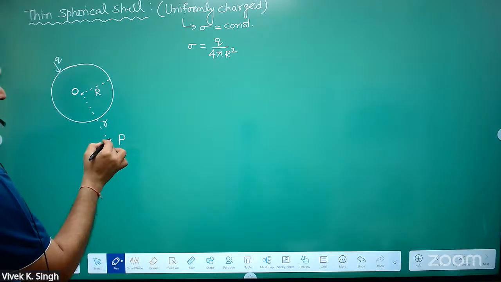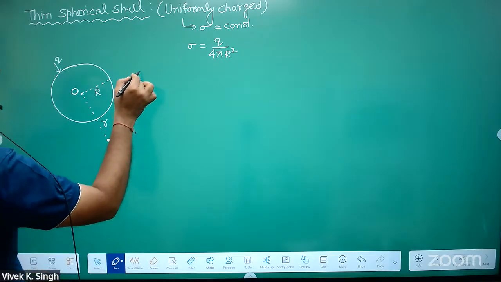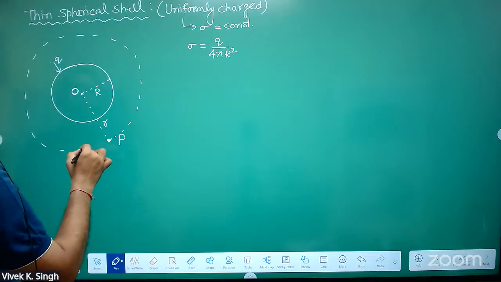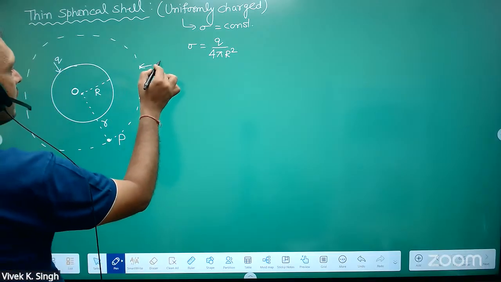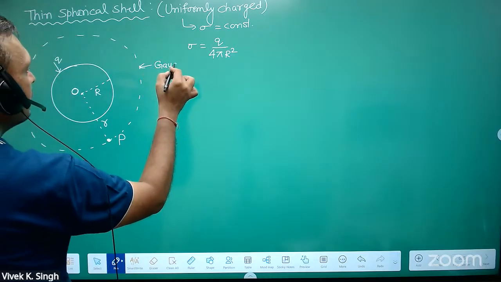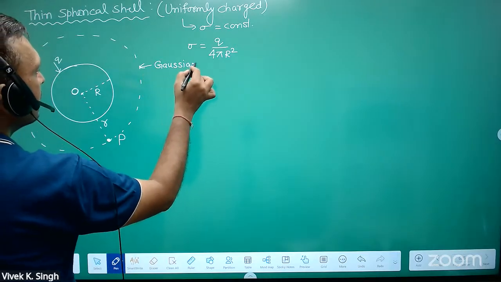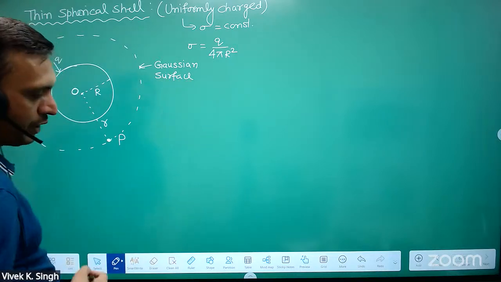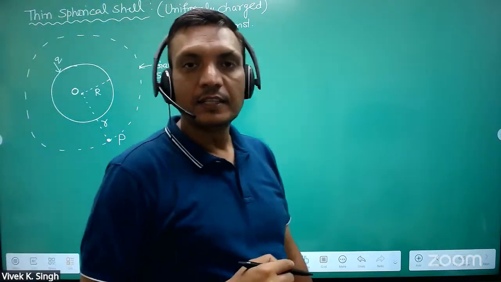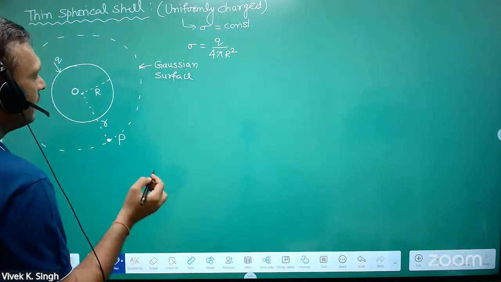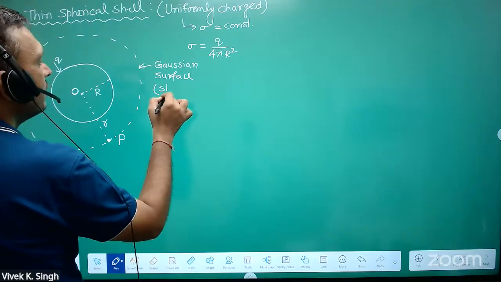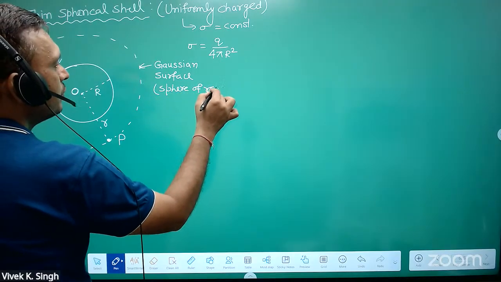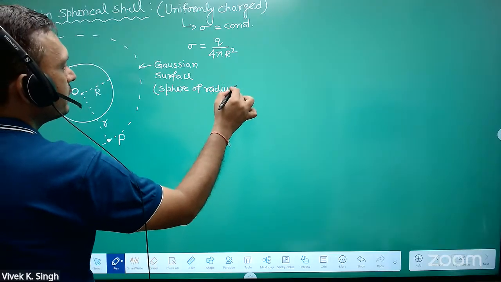Now you have to draw a Gaussian surface, that is a sphere of radius small r. So this is the Gaussian surface. It's a sphere of radius small r.